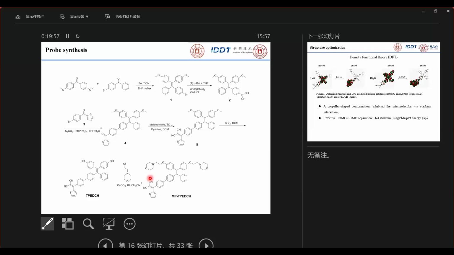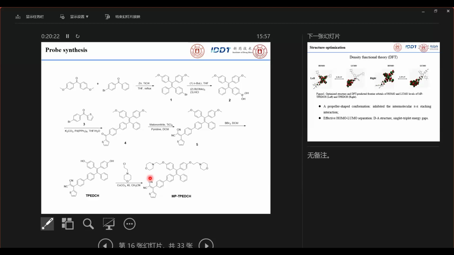This ROS is very important for the body's equilibrium, but when it increases, it will damage the cells. So we use this to increase the ROS in cancer cells. When it increases, the cancer cells will be broken. So this is a kind of treatment.